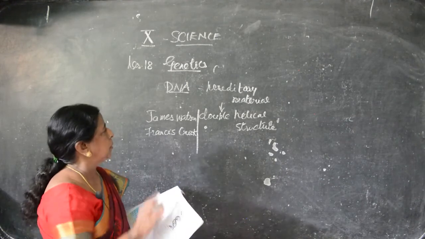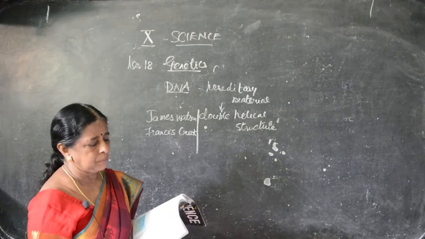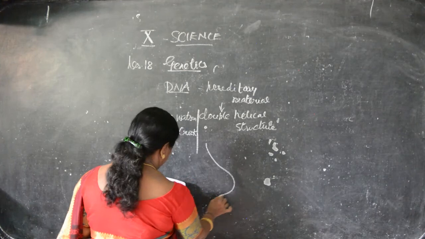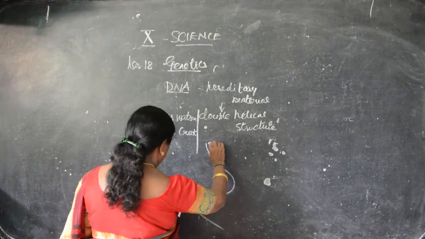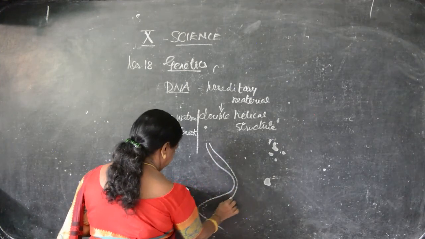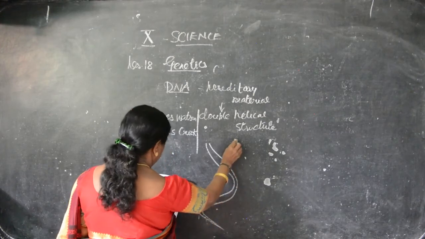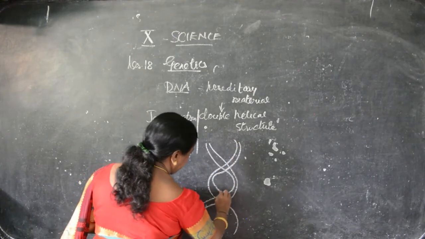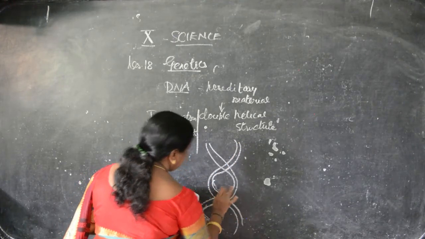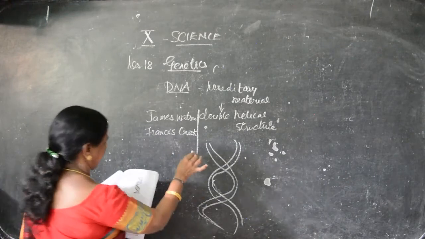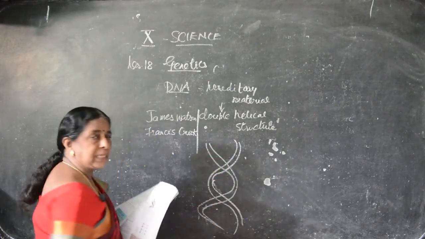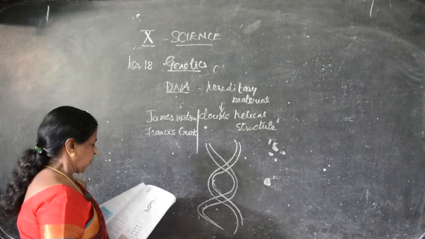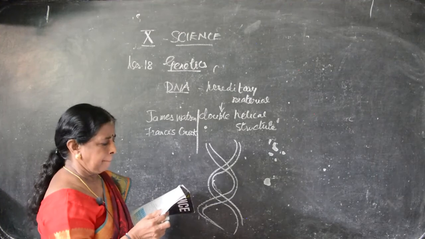What is the chemical composition of DNA? What are the things present in that? So this is double helical structure, you see. This is double helical, two lines are there. It is made up of sugar and phosphates. So what are the things present in the DNA?